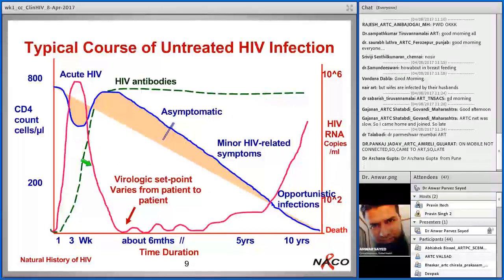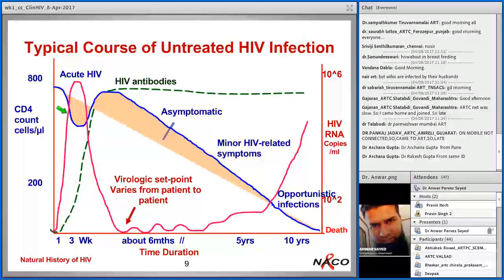That will happen usually in rapid progressors. But if it goes down very low, then for a long period of time, these are long-term non-progressors, a person will be asymptomatic without any problem, CD4 will be good and everything will be fine. So it depends on how strongly the immune system reacts.